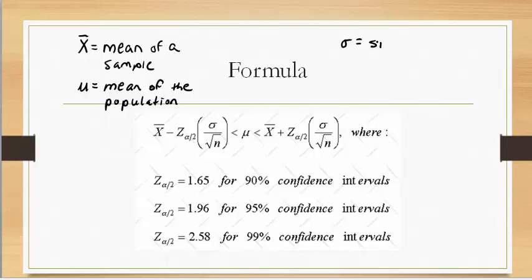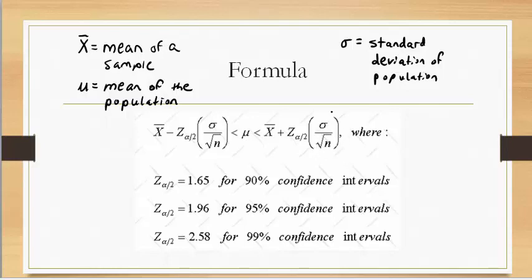Now, in the past, for standard deviation, we have used an S. That S is the standard deviation of a sample. But again, in this particular formula, the formula is asking us to use the standard deviation of the population. And so we have a different symbol.